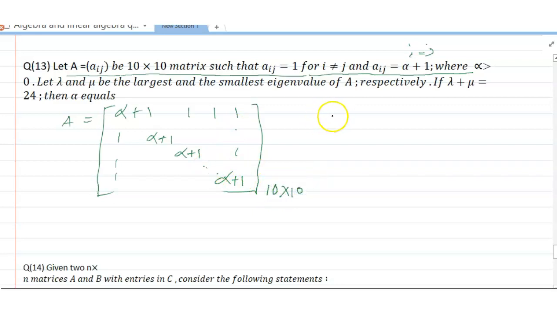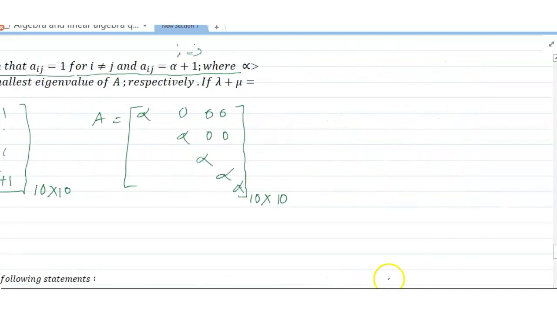So A can be written this way: alpha on the diagonal and 0 elsewhere, 10 cross 10, plus another matrix, the J matrix, with all entries 1, also 10 cross 10.